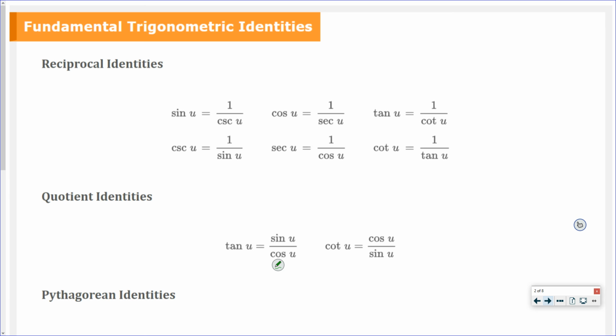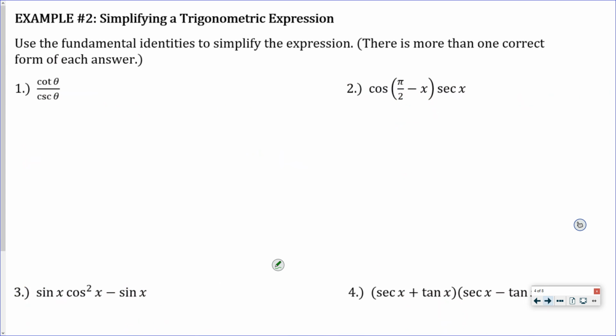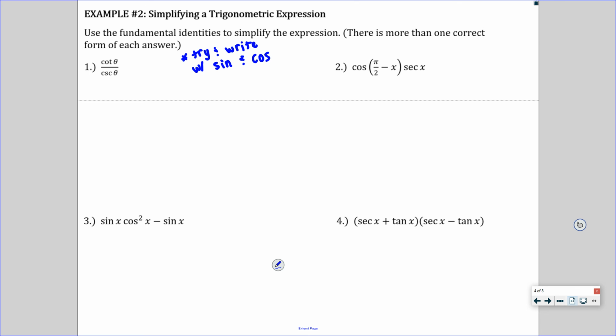That's my first big advice, so let's write that down. If possible, you're not always going to do this, but try and write with sine and cosine. For example, this one, we're actually not going to do that, but we'll get there.